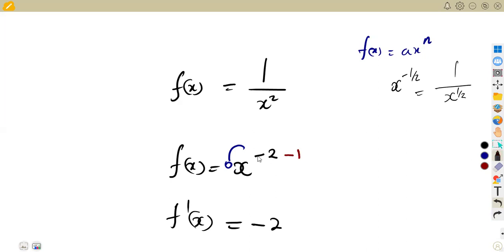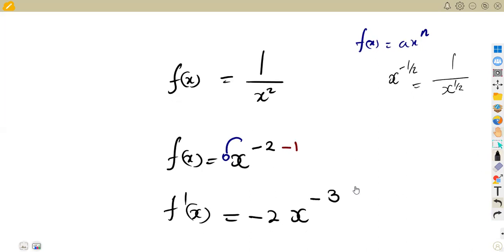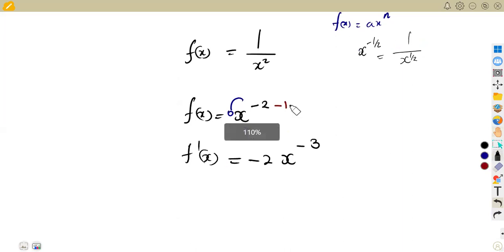So that will be negative 2 minus 1, which is x to the exponent of a negative 3. From there, we can now present it the same way, taking it down. So we can have this as negative 2 times 1 over x cubed.